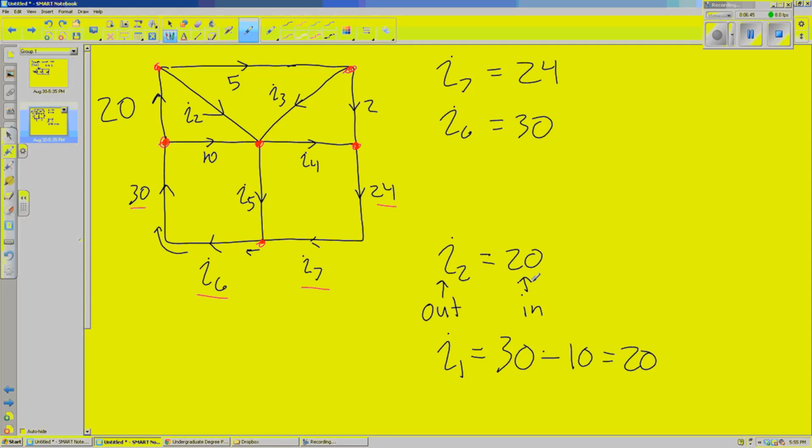Even though it's flowing out, I'll put it on the wrong side, on the inside, and just flip the sign on it. And here we get 15. Alright, so now all we have left is I3 and I4. Solve those on your own and check your work with the lecture notes.